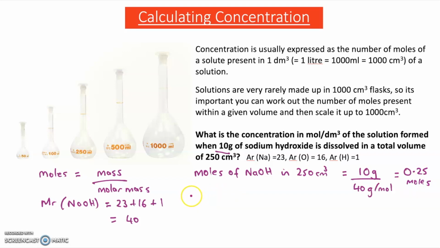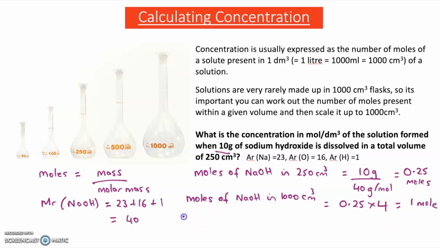Now all I have to do to work out the concentration here is just scale it up to 1,000. So if I have 0.25 moles in 250 centimeters cubed, I would have 4 lots of 0.25 in 1,000 centimeters cubed, because 250 centimeters cubed goes into 1,000 4 times. So all I have to do is do 0.25 times 4, and I will get the number of moles that I'd have in 1,000 centimeters cubed.